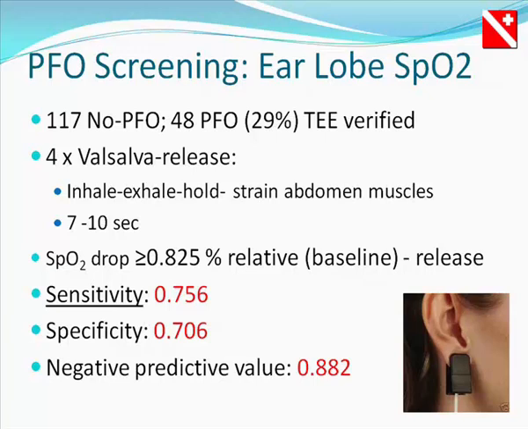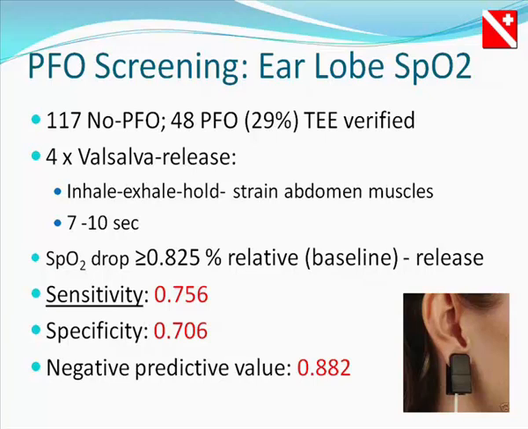How they did it is they took 117 divers with verified non-PFOs and 48 with TEE verified PFOs, and they did a Valsalva release. And the Valsalva release for this procedure is slightly different to the one we've typically done. What we do with the carotid Doppler is we let the person take a deep breath and hold on a full breath. Here they do the reverse.